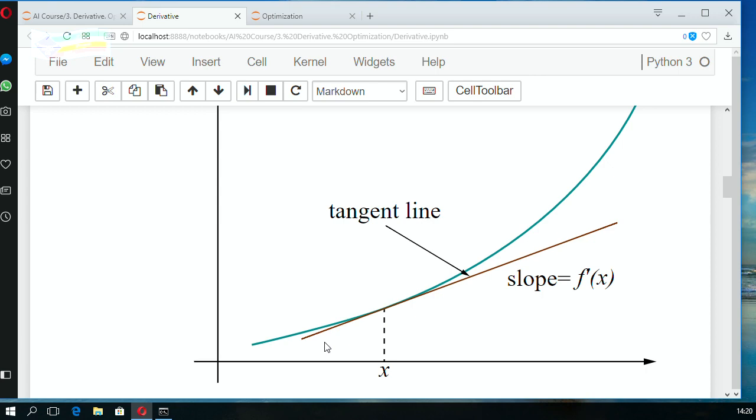So the tangent line has the property that in this point, it touches the graph, and it's the only point in which it touches the graph. So in this point it touches, and then it gets away from this graph.